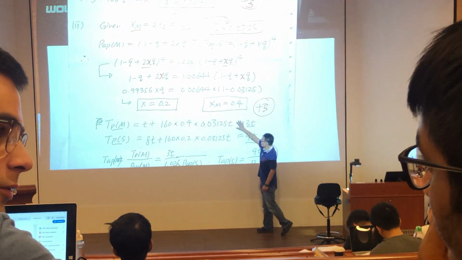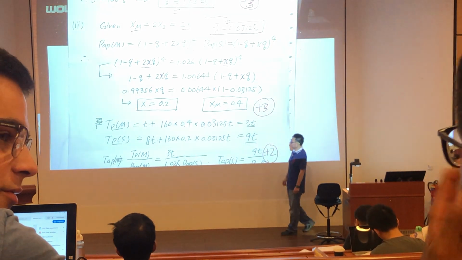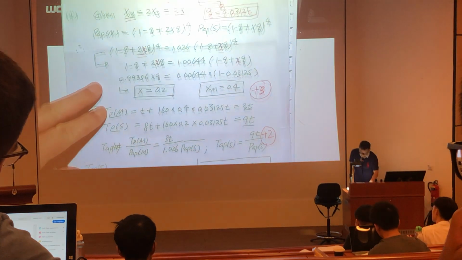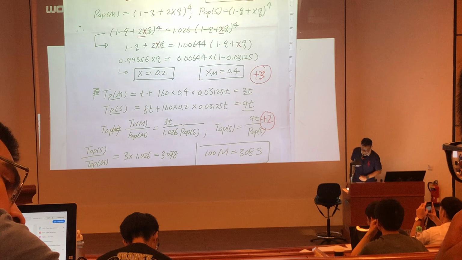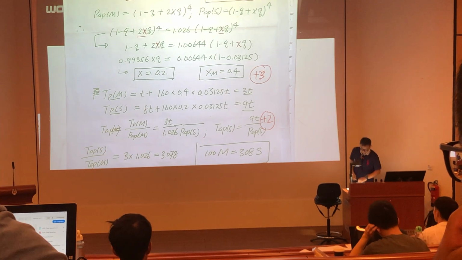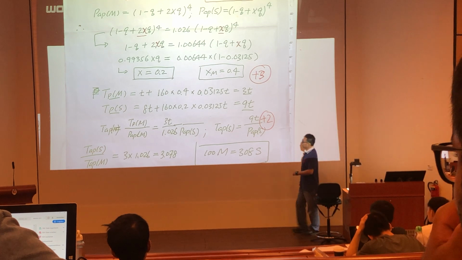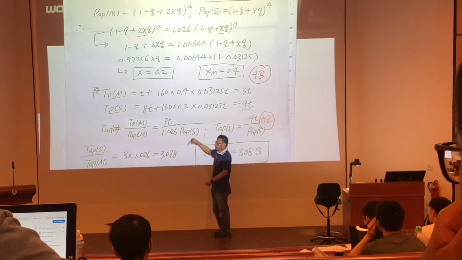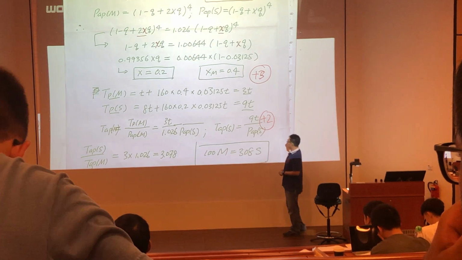Y is what? We've got 3t, 9t. We already know the relationship between the multi-station and single station. These are given already.